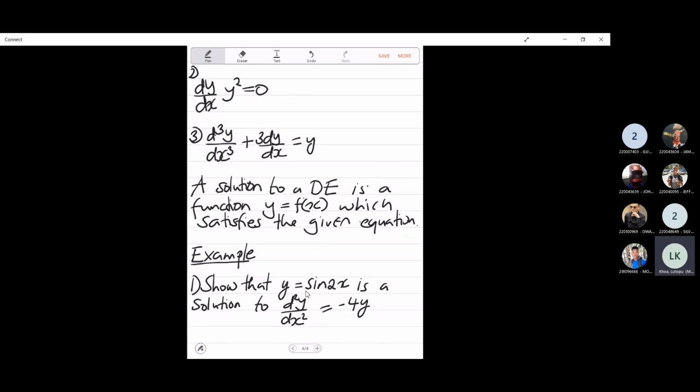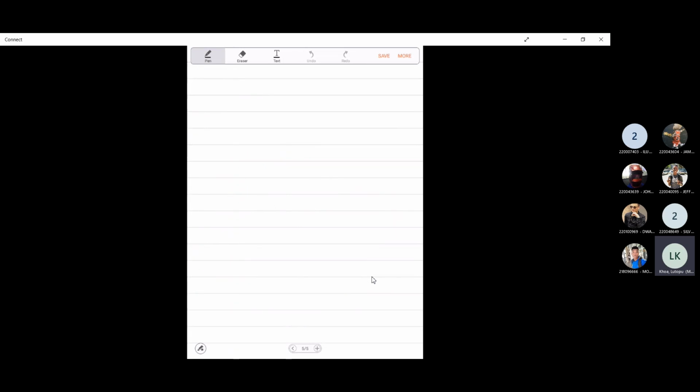Minus 4y is just minus 4 sine 2x, and we see if the left-hand side will be equal to the right-hand side. So on the left-hand side, we have d2y dx2. Okay, so this is what we want. First we start with dy dx.